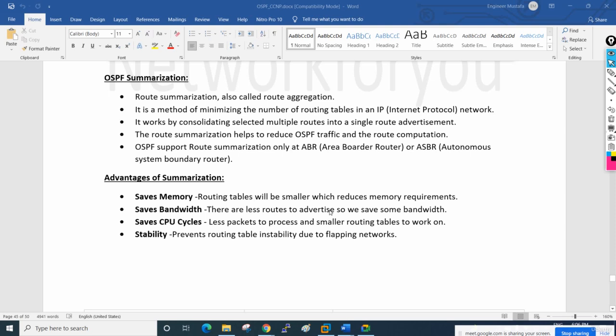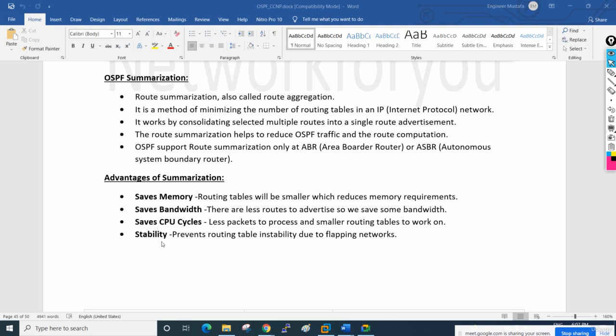We will see that in the lab. Save memory: the routing table will be small, which reduces the memory requirement. Save bandwidth: fewer routes to be advertised. Save CPU cycles: fewer packets to process and a small routing table to work with, so we use less CPU.